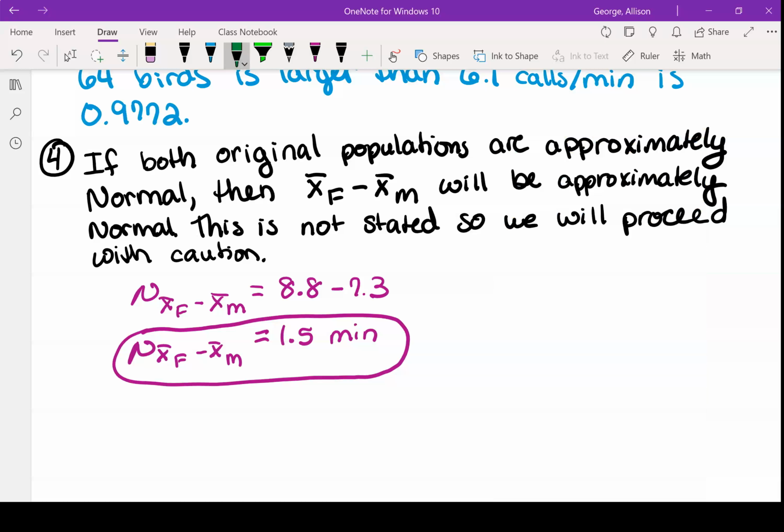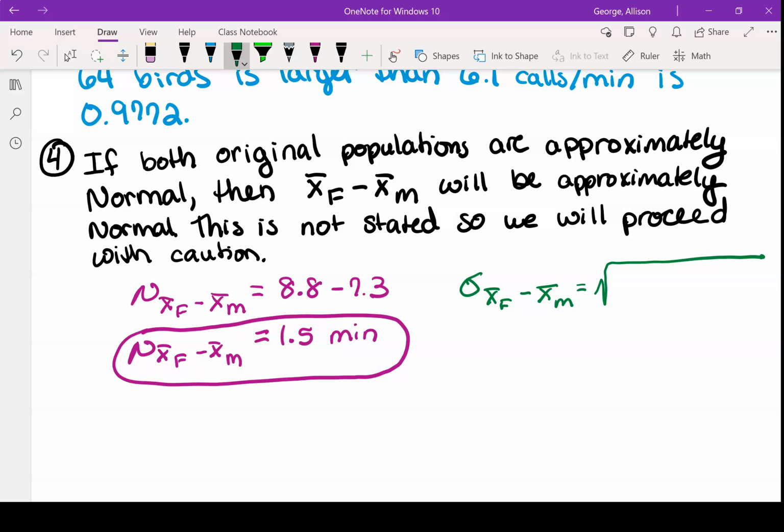There we go. Okay, now standard deviation. So this is based off of the formula we were using for the first 3 problems, but remember we can't add standard deviations together. We have to add the variances together. So that's why this formula looks a little different.